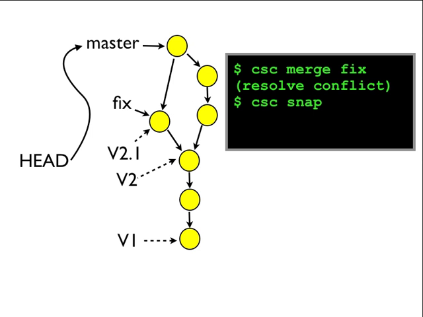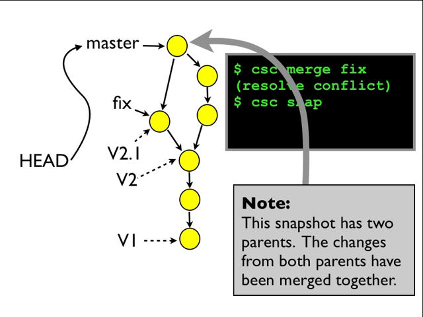Now notice the snapshot is created in the master branch, so the master branch pointer moves up to the new commit. But there's something really interesting about this latest commit, and it has two parents. It keeps track of the original master branch parent that it was on, but since it was a merge commit, a commit made after a merge was done, it keeps track of the fact that, hey, the fix branch had a part in this too.